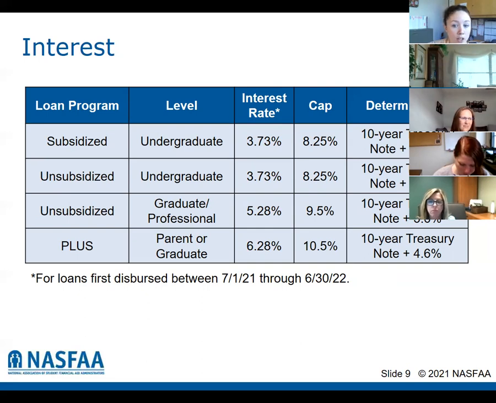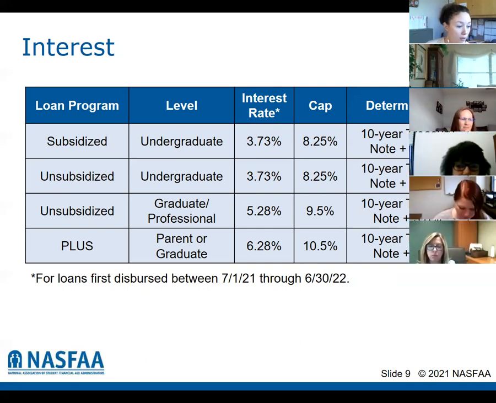So each May, the Department of Education sets the interest rates for the federal student loans for the upcoming academic year. They use the 10-year Treasury note. They reference it on a certain day every year, and then they add an index.